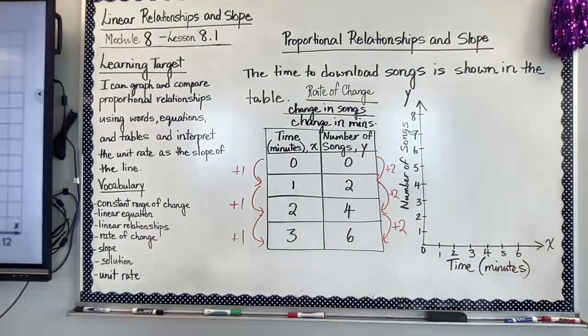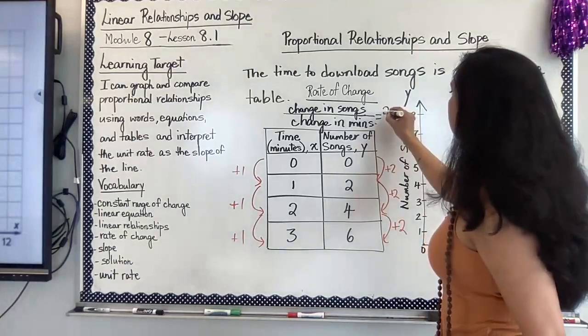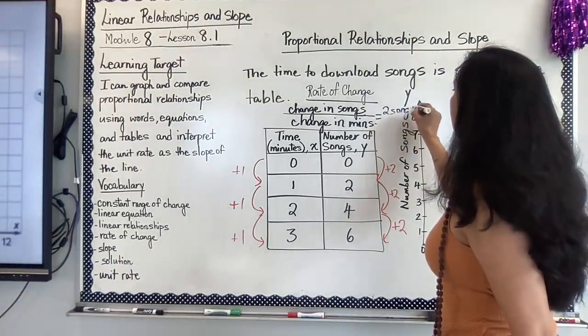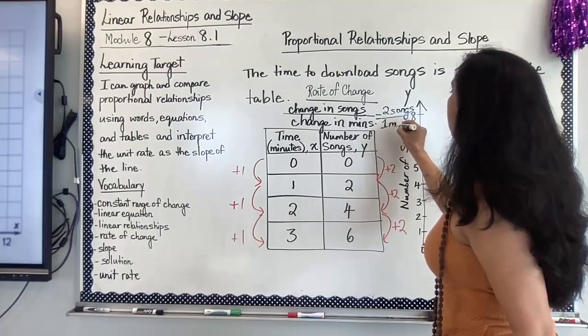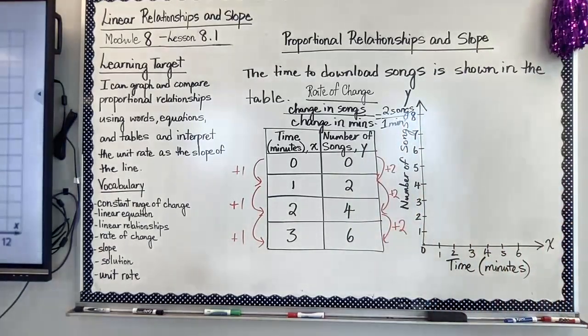All right, so that is my rate of change over here. You have change in songs over change in minutes, which is equal to what? 2 songs in 1 minute. And that is my rate of change over here.